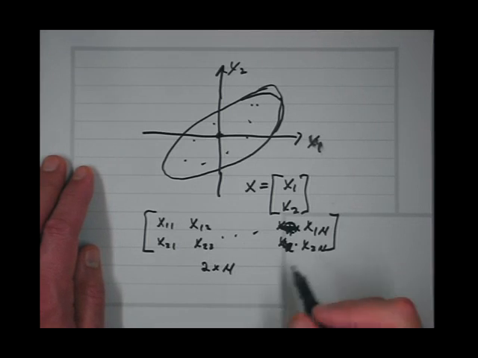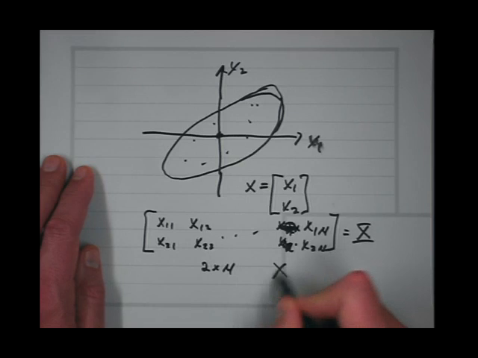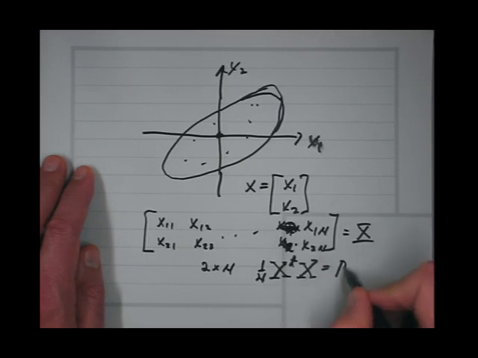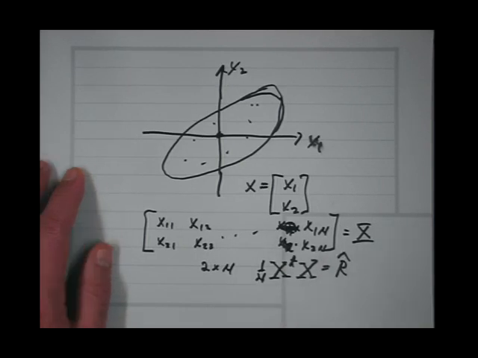This matrix I'll call X. You take X transpose times X times 1 over n, and that will be an estimate of the autocorrelation.